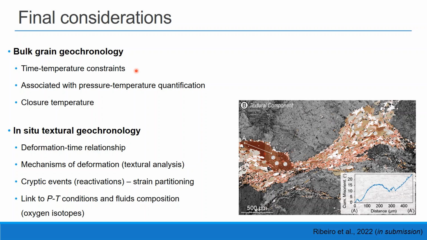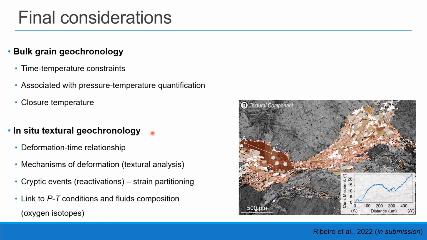The problem with this is that it needs to be associated with pressure-temperature quantifications to say, look, my shear zone was deformed at, I don't know, 600 degrees. My mineral has a closure temperature between 450 and 650, whatever. So it's possible that the age that we're getting is much younger than the crystallization age. It might be related to the thermal buffer related to deformation.